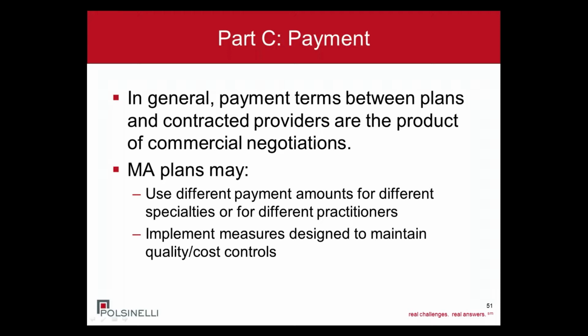However, you can be non-contracted with a Medicare Advantage plan. In that instance, they have to pay you at least what Medicare pays you. And there's been a ton of discussion over the years around what that means, because Medicare Advantage might not have the same payment methodology as Medicare. So what does it mean to pay us just like Medicare?